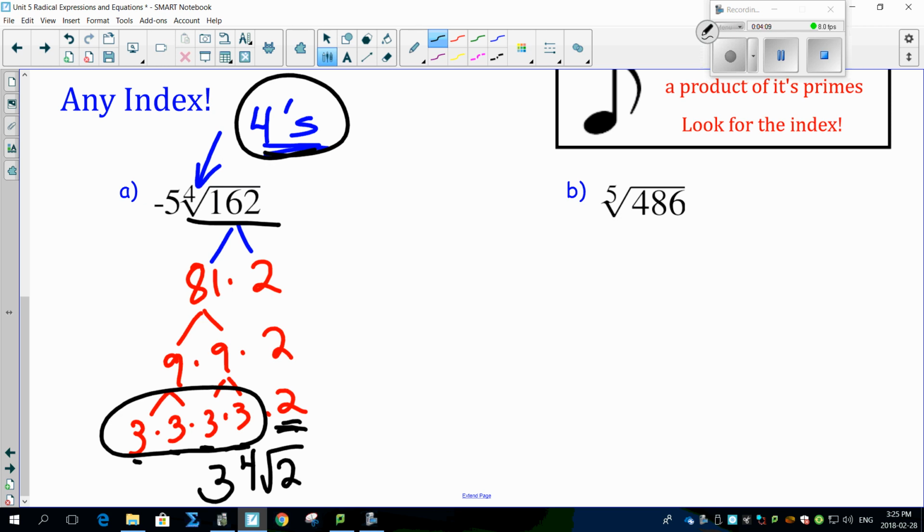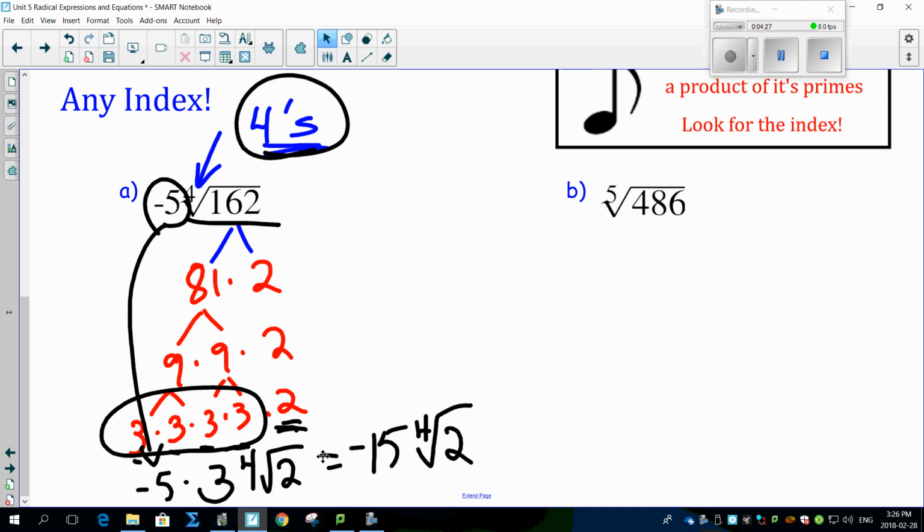Now, don't forget, you had a minus 5 up front, so you still have to bring that minus 5 down here. So it's minus 5 times 3, which works out to be minus 15, 4th root of 2. Oh my goodness, that looks awful. Well, it's a lot nicer than this number up top here now, isn't it?